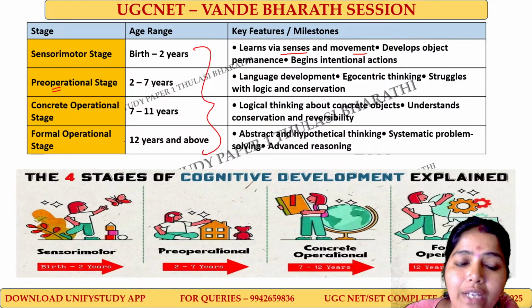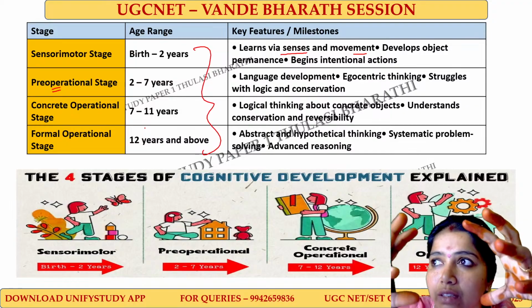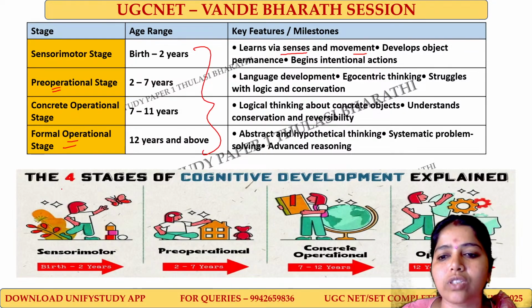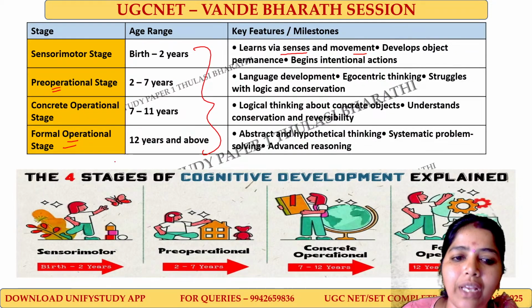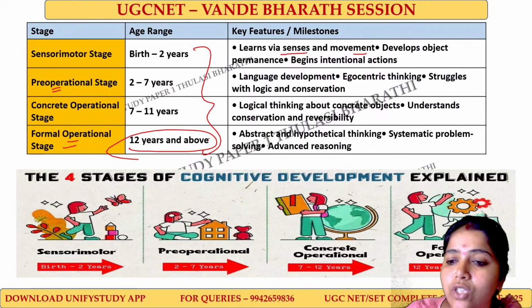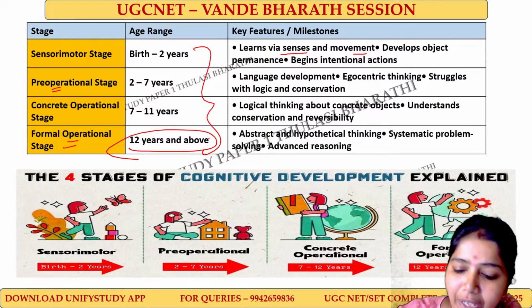So the concrete operational stage is about how logical thinking starts to develop in the minds of kids. And then the formal operational stage talks about how to solve problems and reason in an advanced way. That will be done around 12 years of age. Clear? So these are the stages of Jean Piaget's theory.